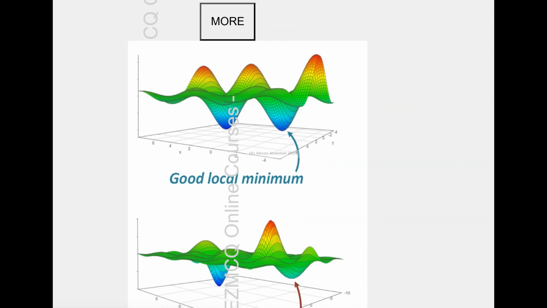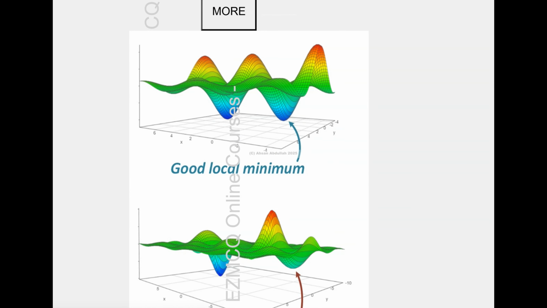This is the landscape we are talking about, especially when we are talking of deep neural networks. Unlike convex problems, non-convex problems include many valleys, as you can see here, ridges, and flat regions, which of course theoretically make optimization difficult.